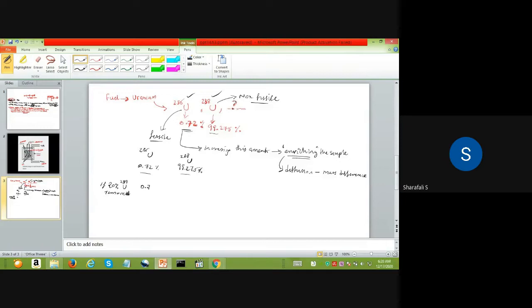Suppose the sample is 100, with 0.72 being the uranium-235. If from the uranium-238 part you decrease by 20, then it will come to around 79, right? 79.275 percent.